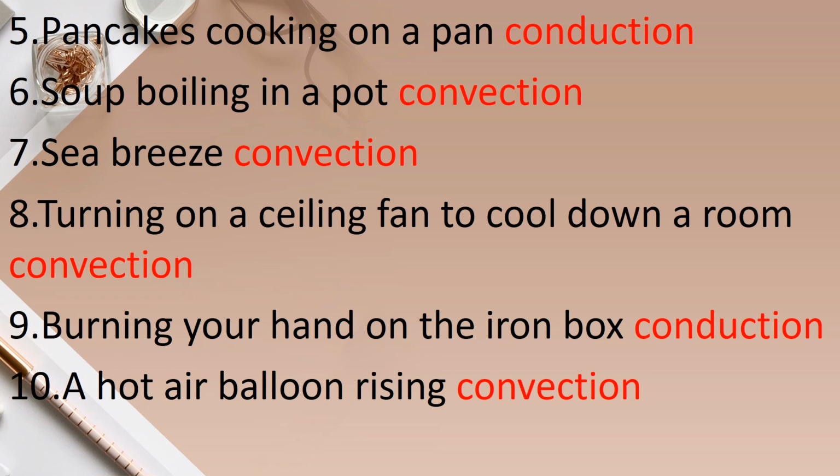It is an example of conduction, heat transfers through conduction. Tenth one, a hot air balloon rising. Why is the hot air balloon rising? We know in convection only the hot air rises and cool air sinks, so the hot air balloon is rising just because of convection.